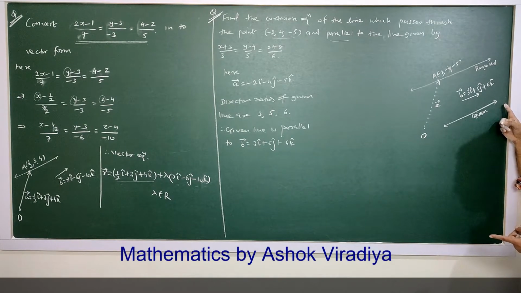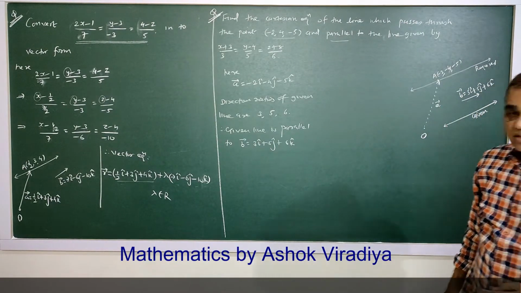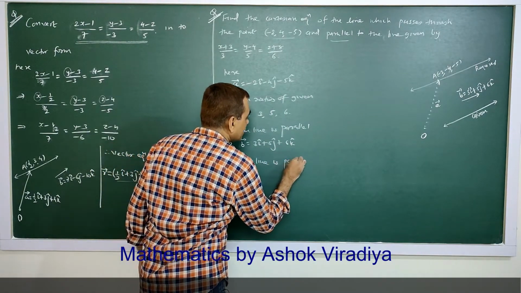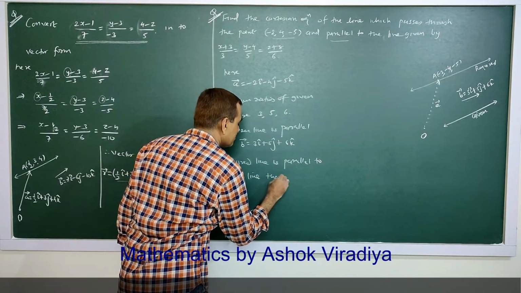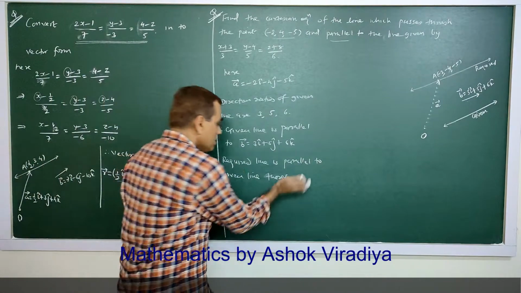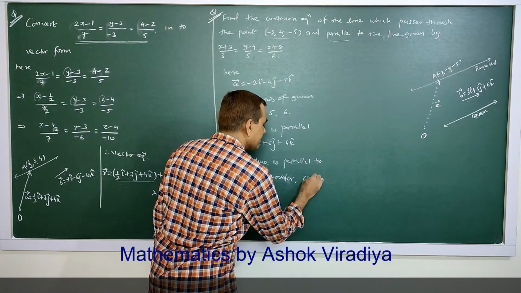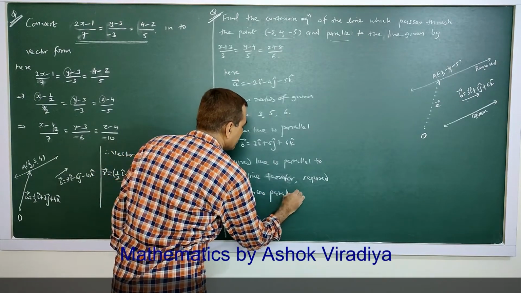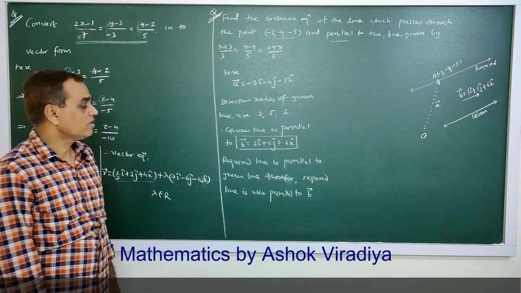The required line is parallel to the given line and the given line is parallel to vector B. So the required line will also be parallel to vector B. This is a vector parallel to the required line.